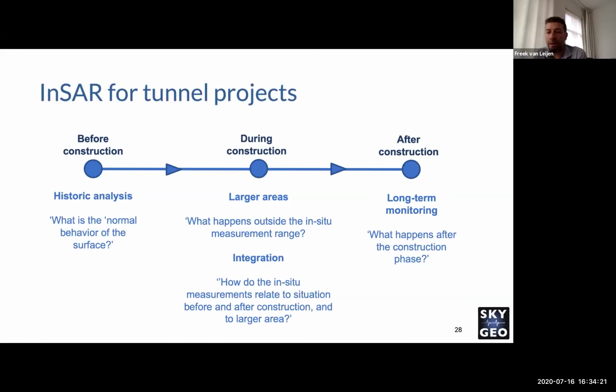Yeah, I can say something about it, and you can add something to my answer as well, of course. I think this is very much related to the historic analysis I was talking about. What InSAR can do is make an analysis of a large area, showing what happened in the past 10, 20 years. So it gives you a very good picture of the normal natural behavior of a certain region.